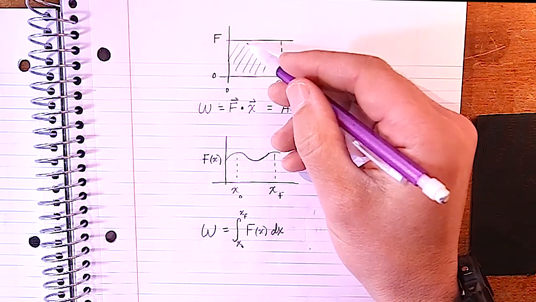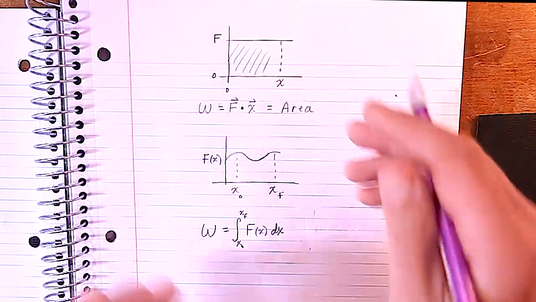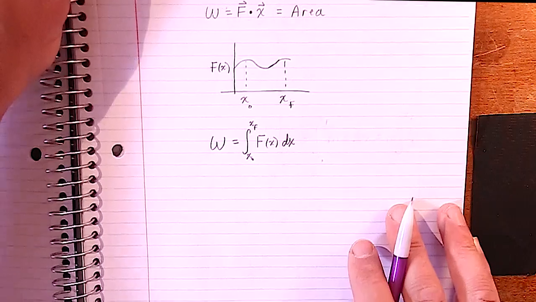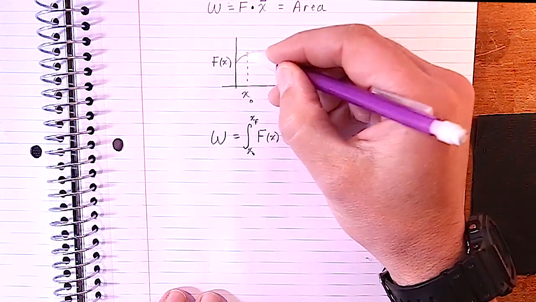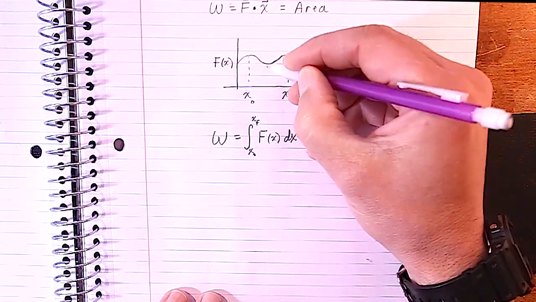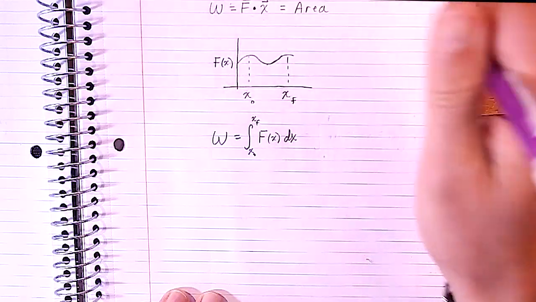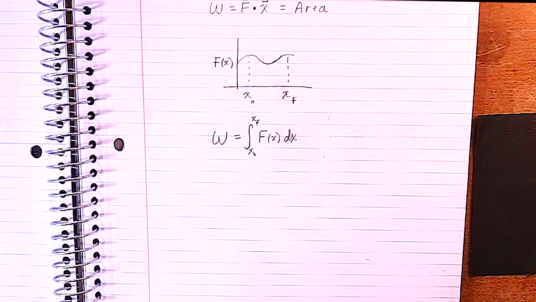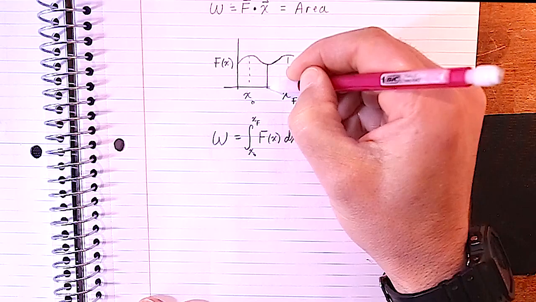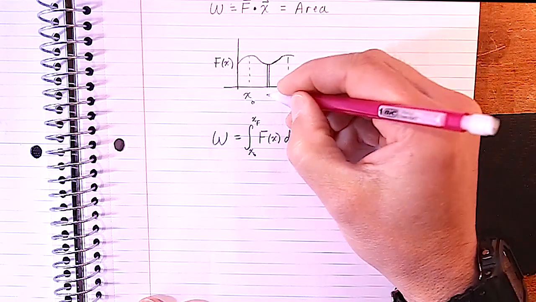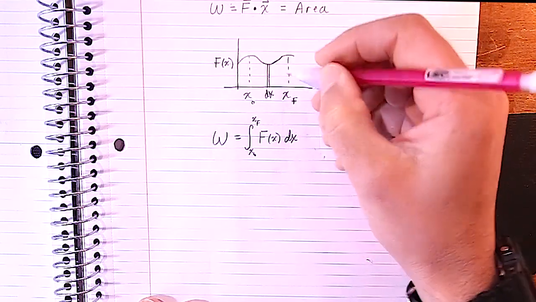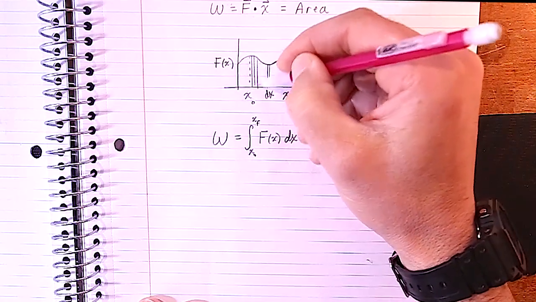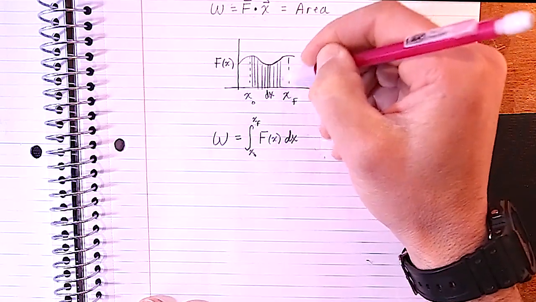Well, what happens if that function is changing? Well, in that case, we have some function f of x, and what we're doing is we are summing up all of the little dx's, and we're summing them up all the way underneath that function.